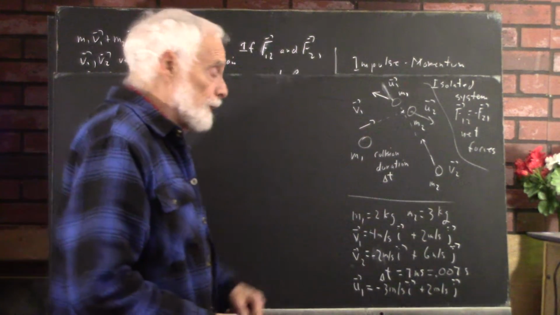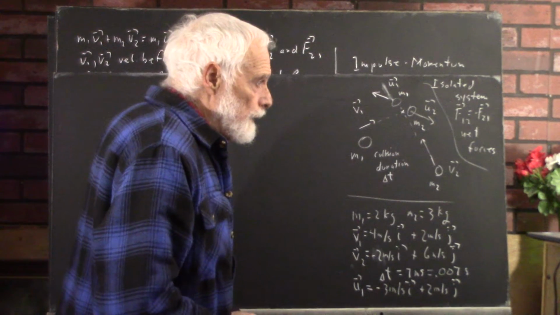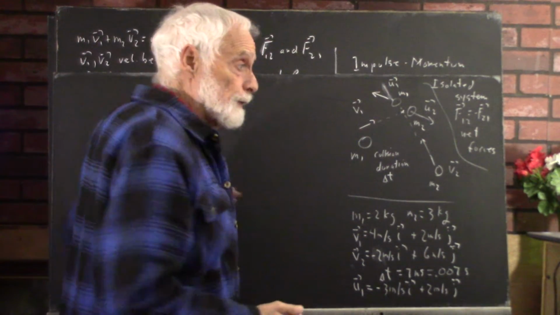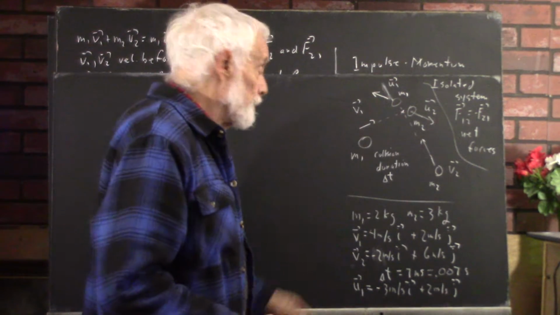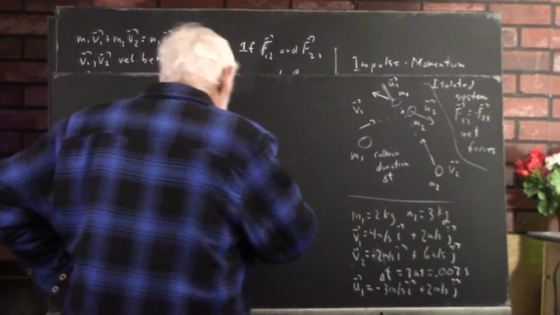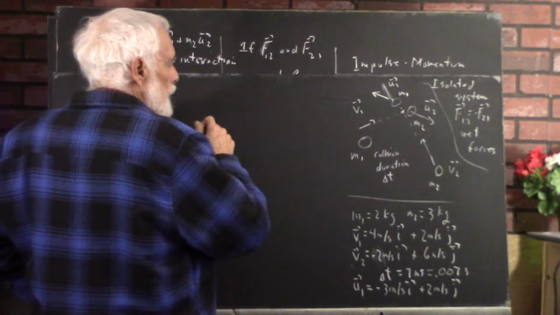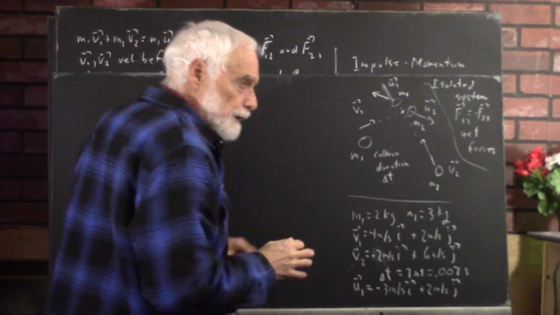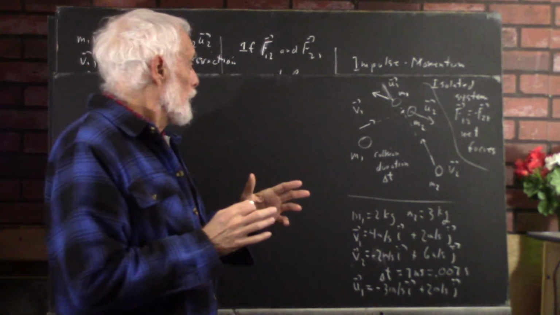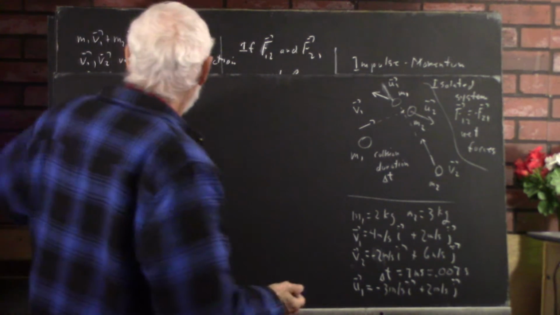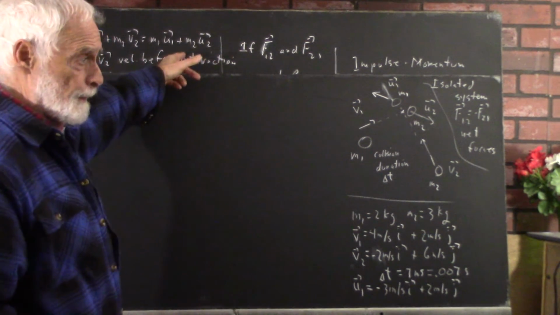Okay, so we have all this information. Now we automatically know that momentum is conserved. It's an isolated system, just these two masses. So we could write this out very easily just using impulse momentum, but we might as well use this funky equation up here.